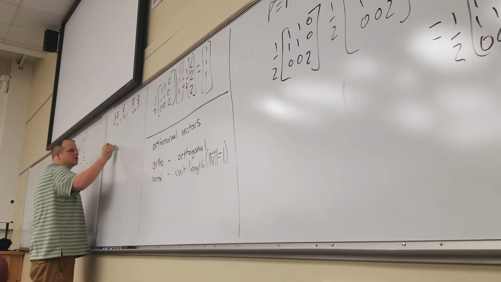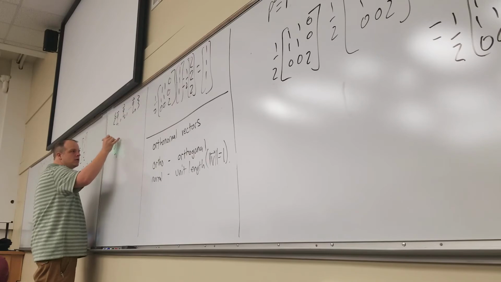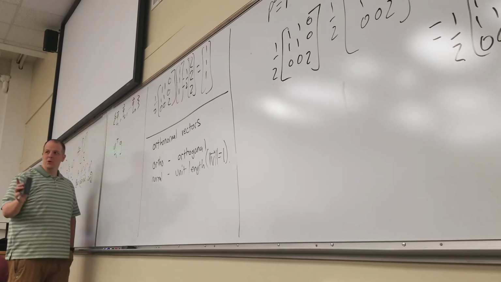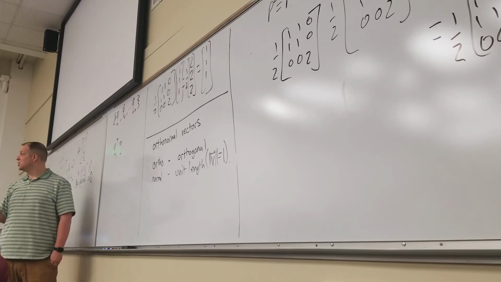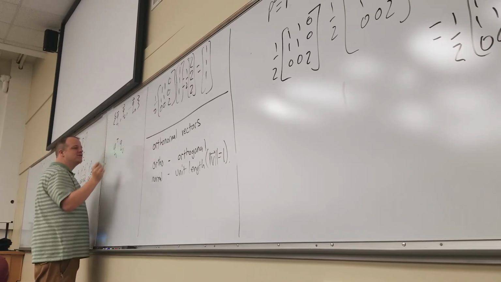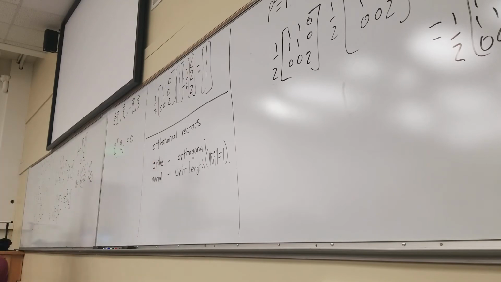What do we need to know that these are orthonormal? We need to know that Q_i dotted with Q_j should be 0. Why? Because I want these vectors to all be orthogonal. Right? How do you know if two vectors are orthogonal? Their dot product is 0.